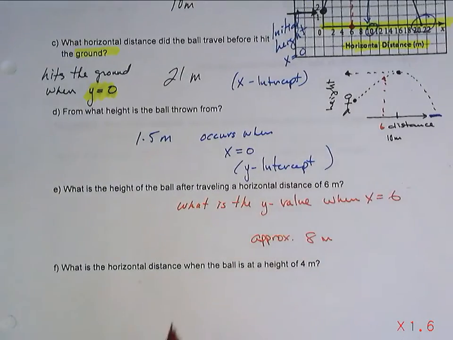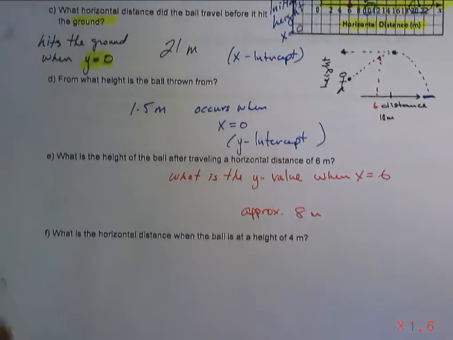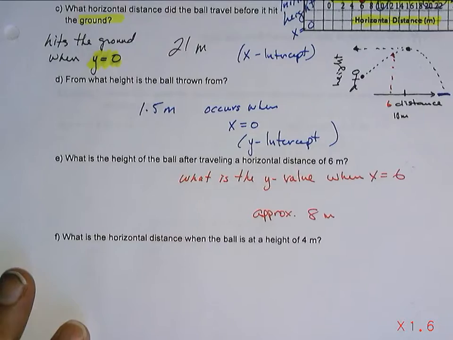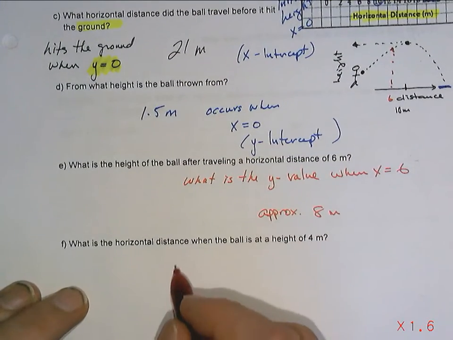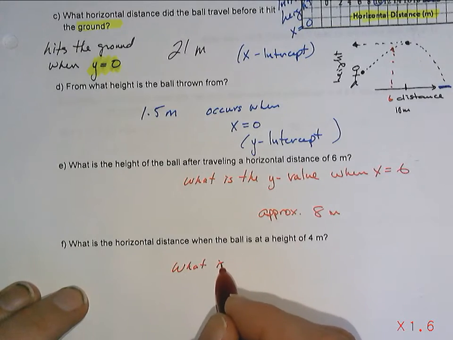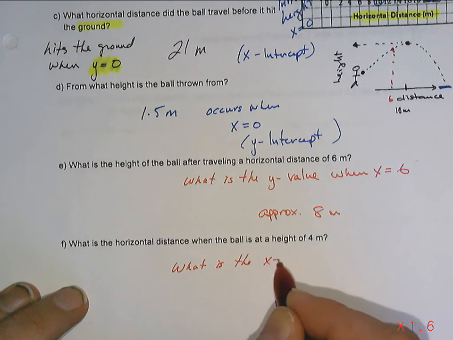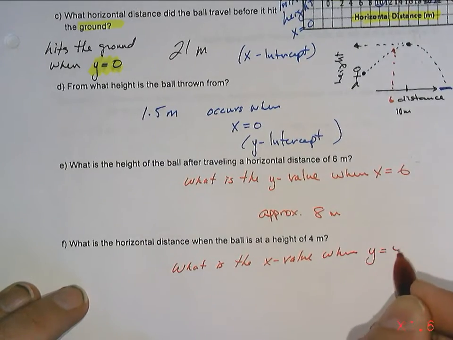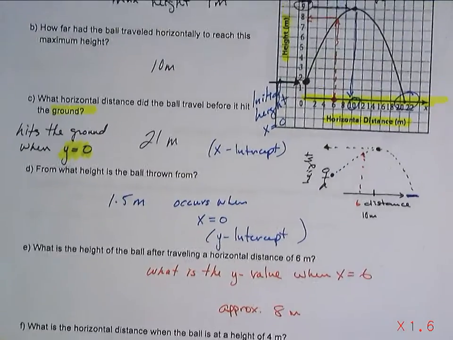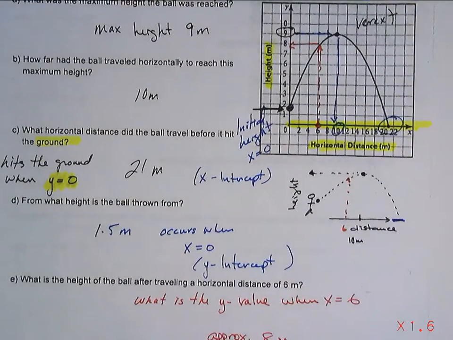And the last question for this one is, what is the horizontal distance when the ball is at a height of 4 meters? What this is really asking is, what is the x value when y equals 4? And again, that's interpolation because it's within the data that I have here on the graph.